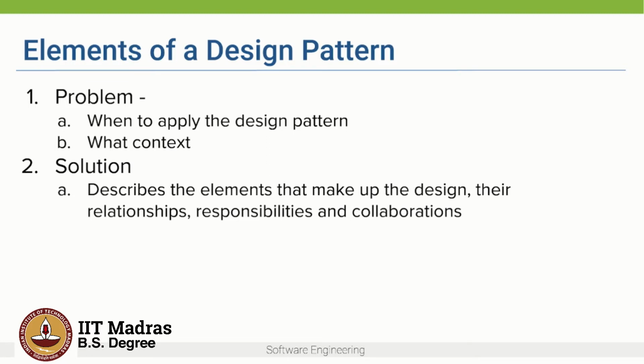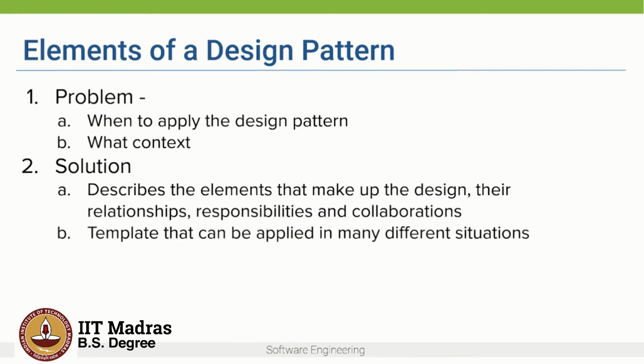And this solution describes the elements that make up the design. So what are the relationships between classes, between objects? How do they collaborate with each other? These are different aspects of the solution. And this solution serves as a template, which can be applied in different situations.